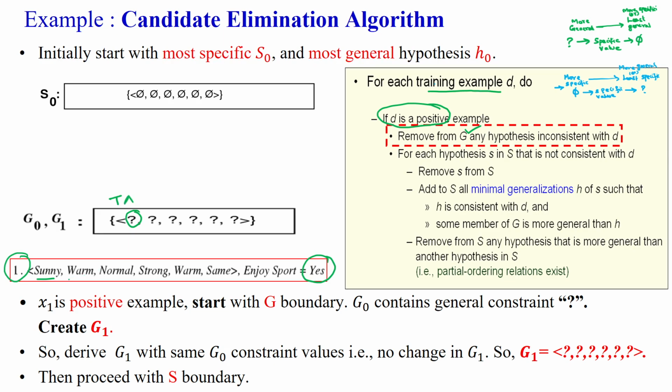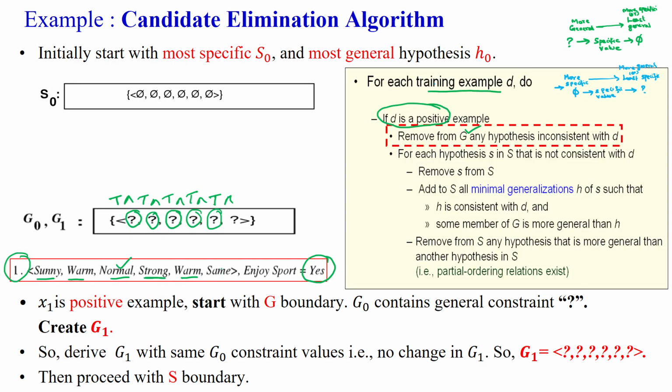Logically AND, the second constraint accepts? Yes, true. Then the third general constraint accepts normal? Yes, true. Is the fourth general constraint accepting the fourth attribute value in x1? Yes, true. Then the fifth constraint accepts warm? Yes, true.